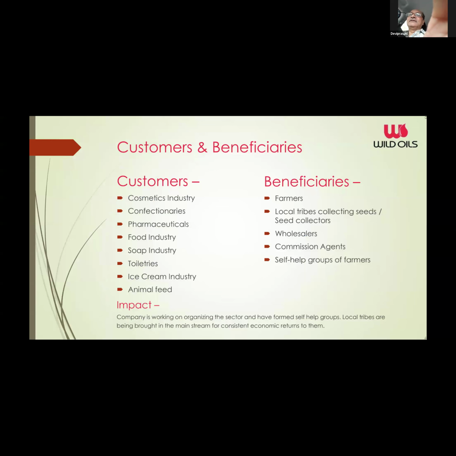So basically, the industries that use these are cosmetics, confectionery, pharmaceutical, food industries, soap industries, toiletries, ice cream industries, animal feed. And who are the beneficiaries? The farmers, local tribes collecting seeds or seed collectors, wholesalers, commission agents, self-help groups, and farmers.